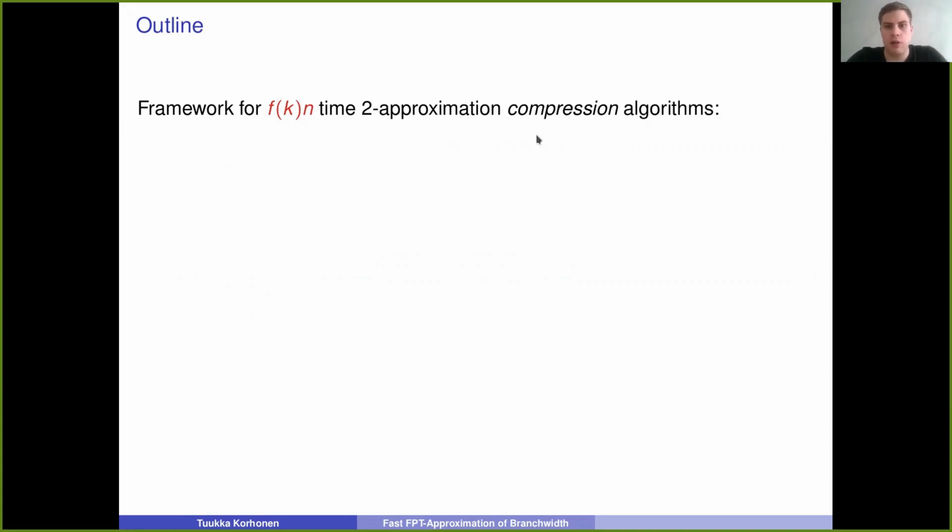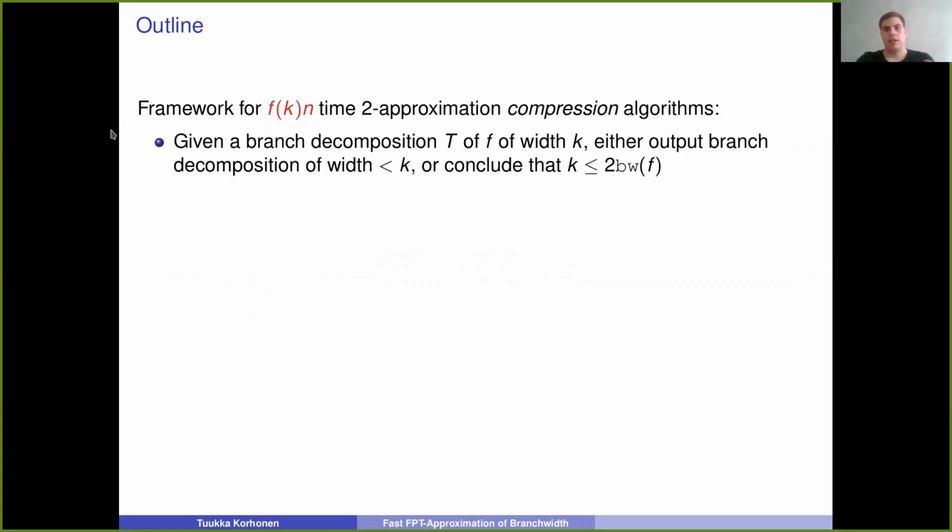What this compression algorithm means is that we are given a branch decomposition T of width k, where k is the width of some input branch decomposition, and a compression algorithm either outputs a branch decomposition of smaller width, so width less than k, or concludes that this given branch decomposition was already a 2-approximation. Okay, so our framework is for obtaining this type of algorithms.